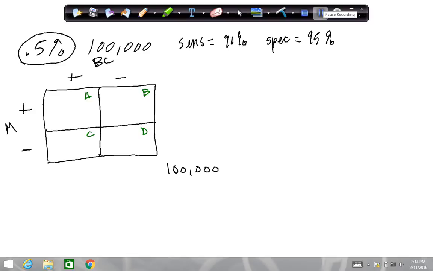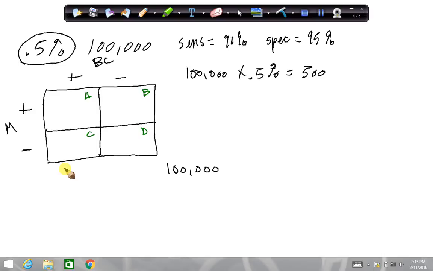So first, let's find out how many women have breast cancer. So we have 100,000 times 0.5%, and that's going to give us 500.